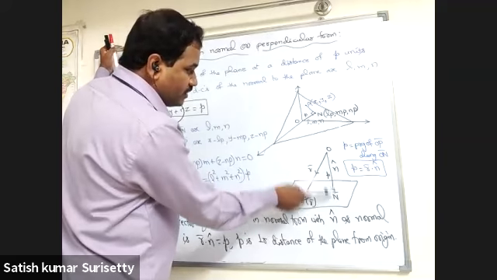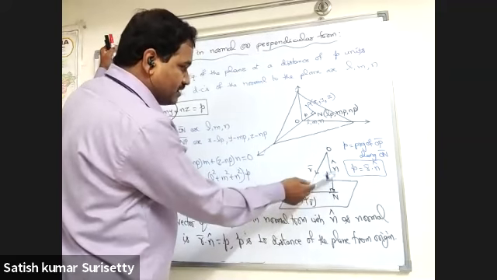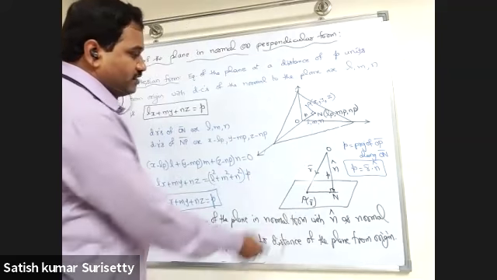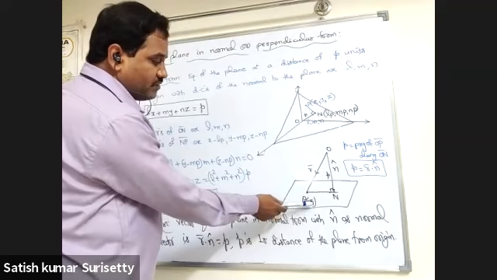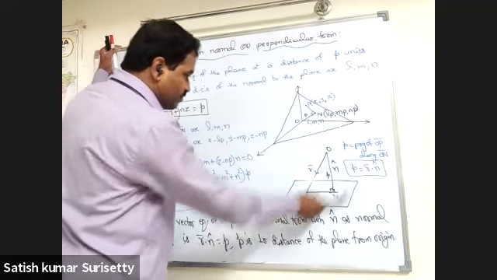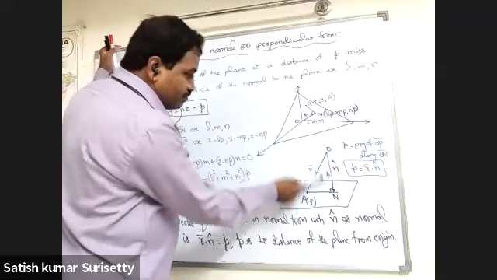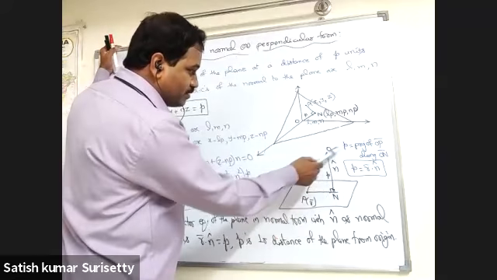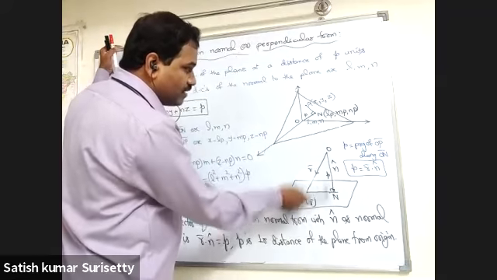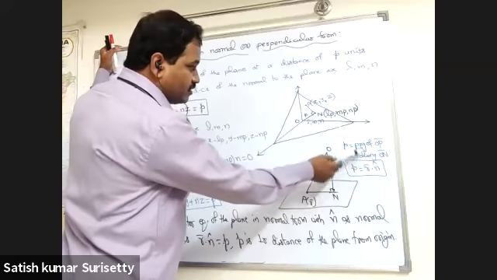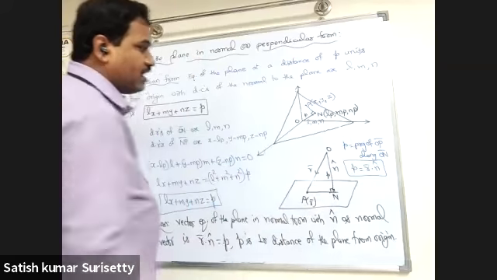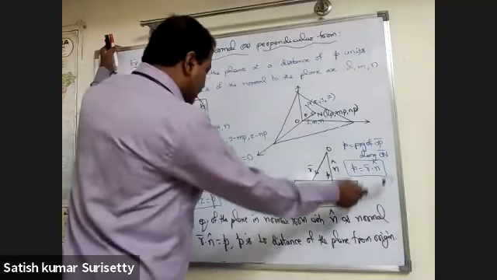That is, ON equals p and n cap is a normal unit vector. If r bar is the position vector of any point P in the plane, then the length p is the projection of OP bar along ON bar. So p equals the projection of one vector along another vector, that is, r bar dot n cap.